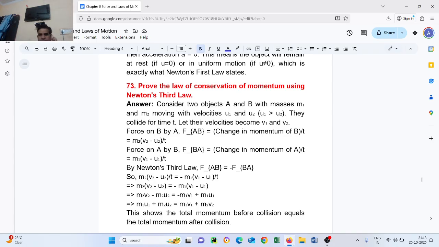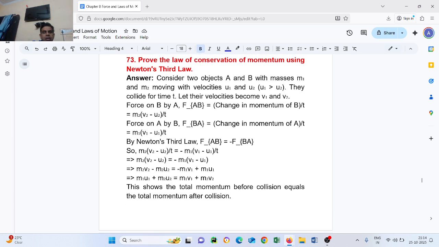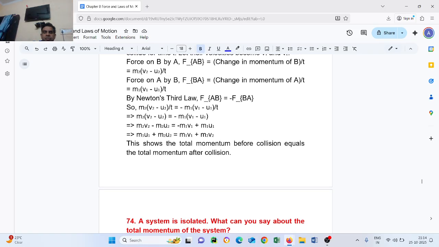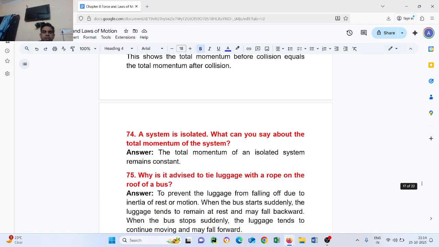By Newton's third law, F_AB equals minus F_BA. So m2(v2 minus u2) upon t equals minus m1(v1 minus u1) upon t. So m2v2 minus m2u2 equals minus m1v1 plus m1u1. So m1u1 plus m2u2 equals m1v1 plus m2v2. This shows that total momentum before collision equals total momentum after collision.